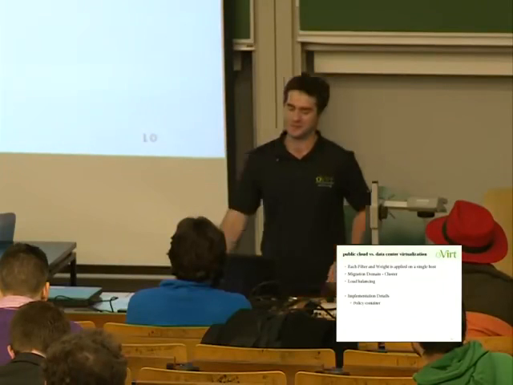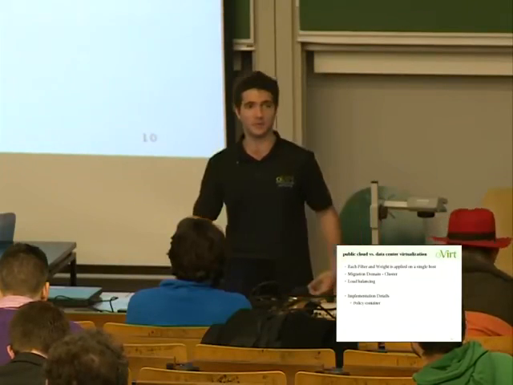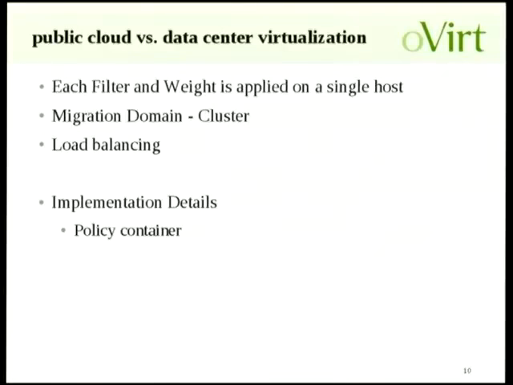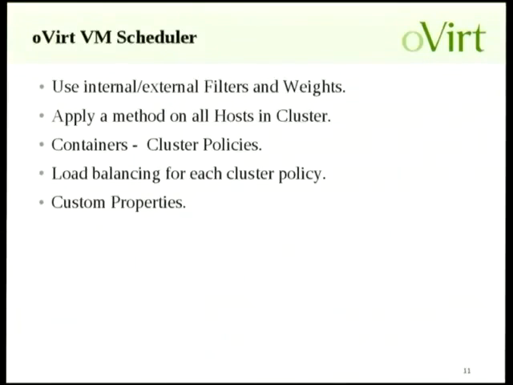In the migration domain, each VM on a host can be migrated to a separate host in that migration domain, that cluster. And we have another concept of load balancing for that cluster, and also a policy container, which a user can use to create their own policy and apply it to that cluster. So let's take a look at what we had in oVirt.